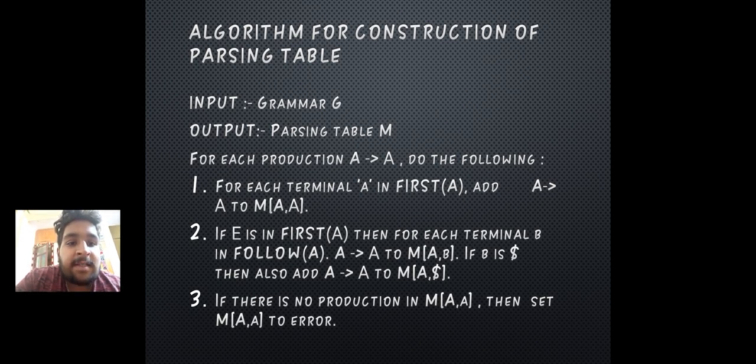If ε is in first of α, then for each terminal b in follow of A, add A → α to M[A, b]. If b is $, then also add A → α to M[A, $]. If there is no production in M[A, a], then set M[A, a] to error.